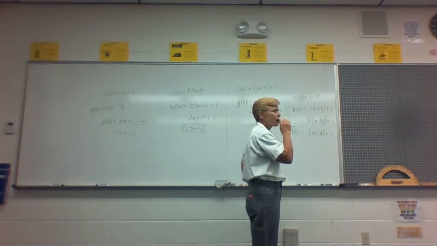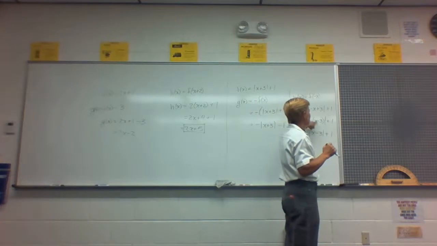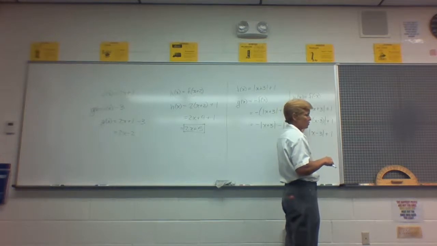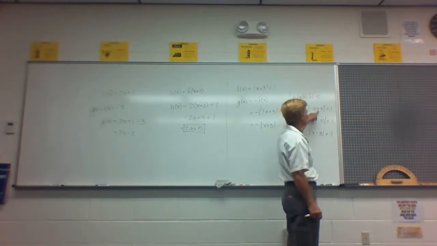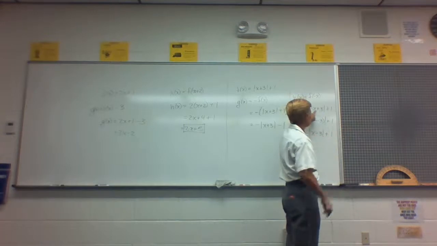So it went from negative x plus 3 to negative parentheses x minus 3. Where did the minus come from? Whenever you multiply a negative through something, all the stuff inside changes sign. Also true whenever you yank a negative out of everything, everybody changes sign. Because see, if I were to redistribute this, I would get negative x plus 3, which is what I had. So when I do the opposite and I factor a negative out, everybody's sign changes again. Just like pushing one through, pulling it out does the same thing.